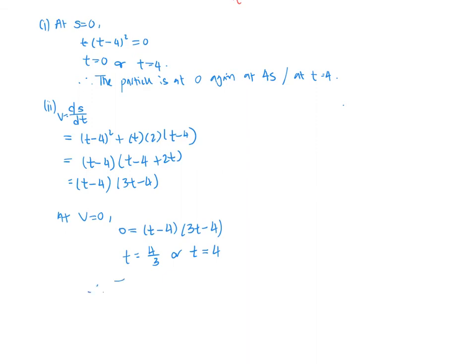So therefore, the particle is at rest again at 4 over 3 seconds and at 4 seconds. Alright, so that will be our part 2. Let's move on to part 3.